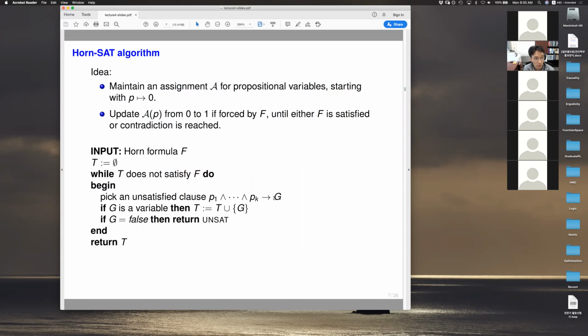If G is a variable, in that case, we increase T by adding G. This corresponds to flipping the value of the propositional variable from 0 to 1. But if G is false, then there is no way to satisfy this clause. So in that case, we return unsat. And this is how this algorithm is working.